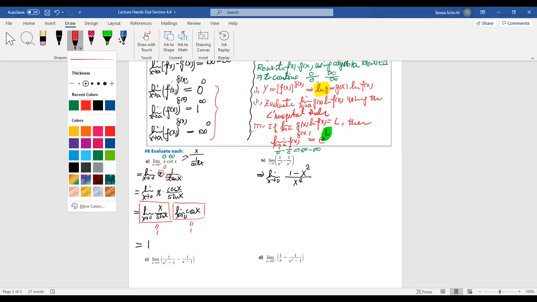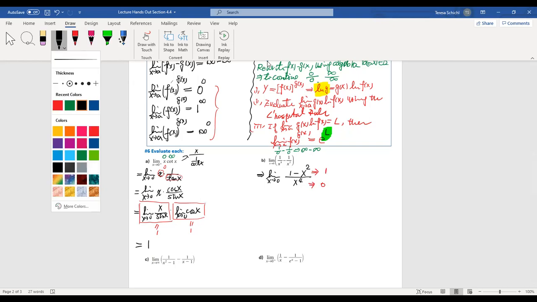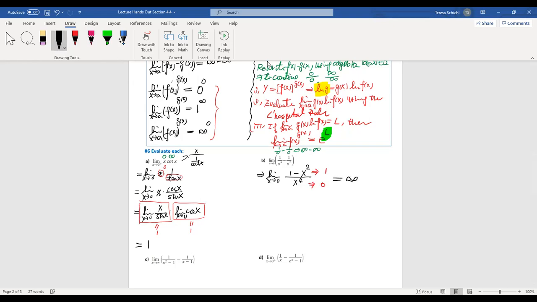When x approaches 0, the top approaches 1, right? And the bottom approaches 0. So it will be 1 over 0. This one is determinate, because when the denominator gets very, very small, it becomes infinity and the numerator is a constant. So the answer is infinity.